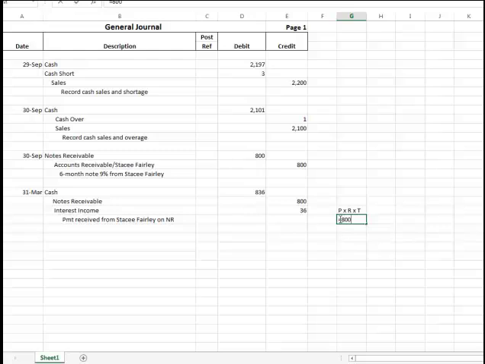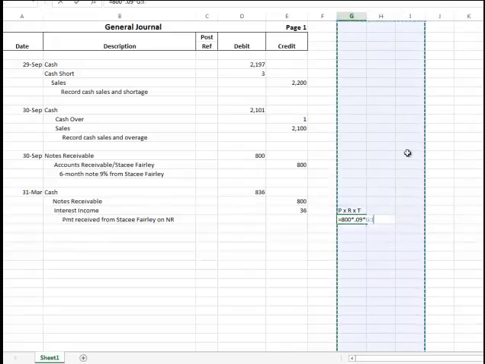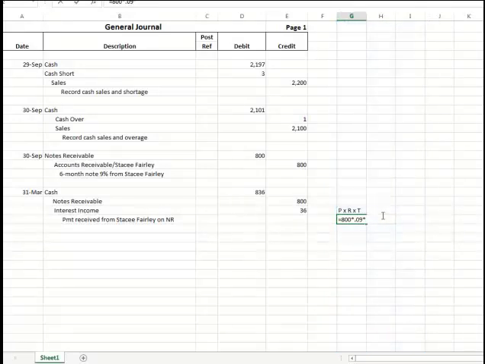So 800 times the rate of 0.09 times the time, and in this case it's 6 months out of a year. So I've got $800 times 0.09 times 6 divided by 12, 6/12ths of a year, and when I put that in as a formula, it's $36. So that's how I got that.